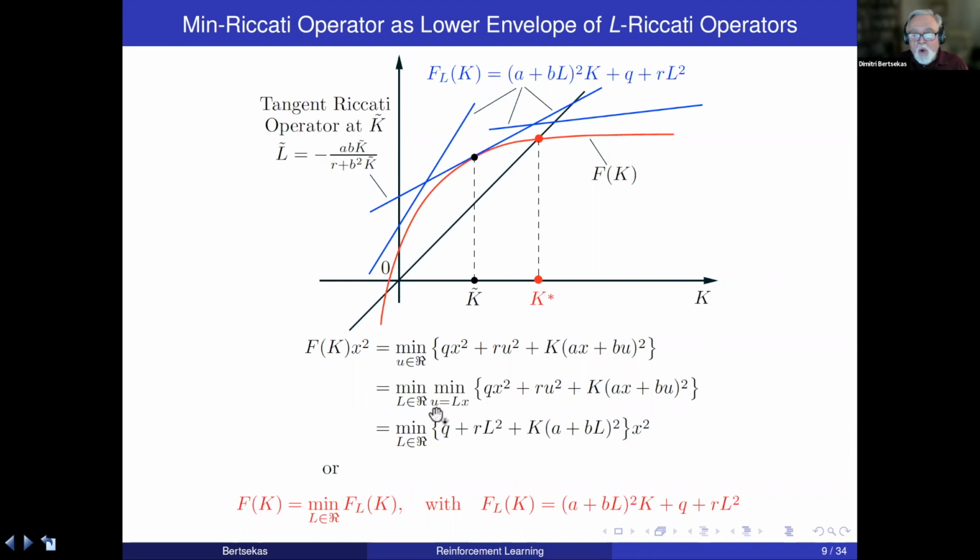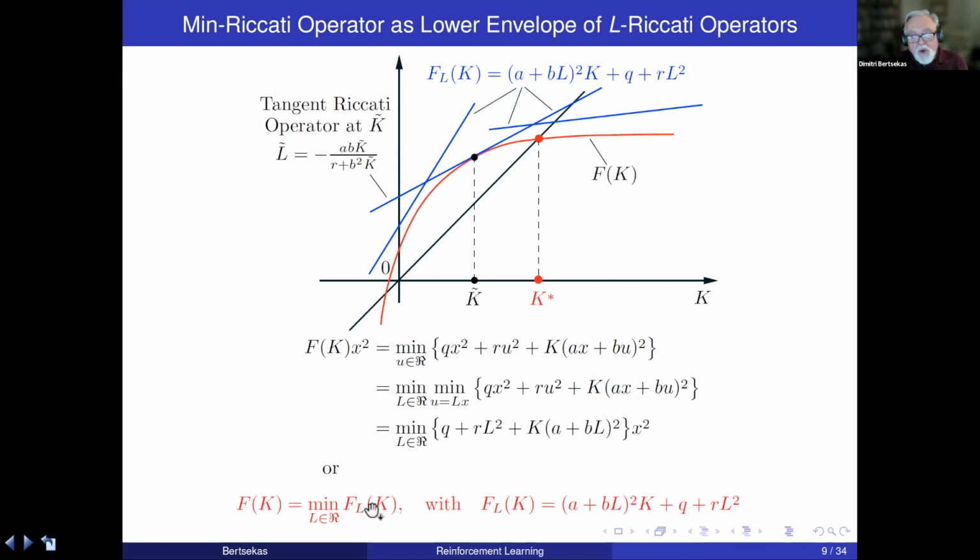First, minimize with respect to all u for a given level L, and then minimize over all L. So if you plug in here with u equals L sub x, then what you obtain is this expression. So you can express the right-hand side of the T operator as the minimum of the right-hand side of the T sub L operators, like so. So what does this say?